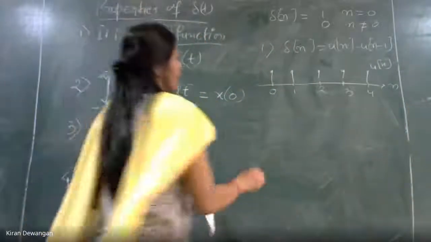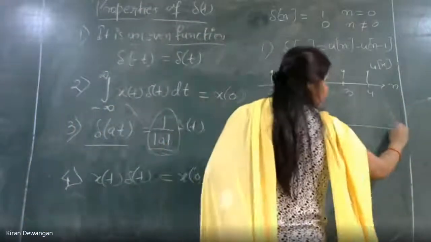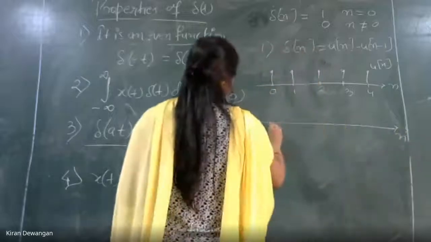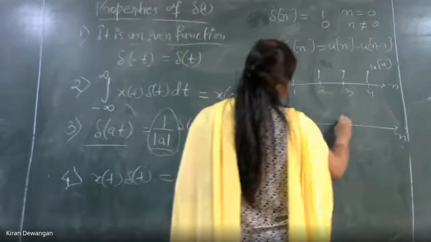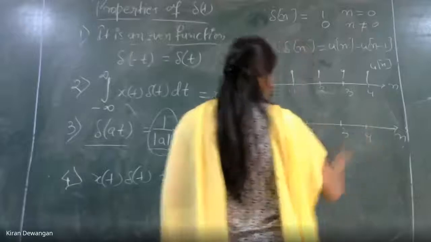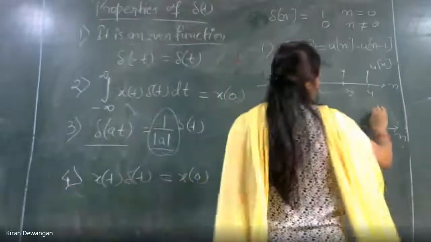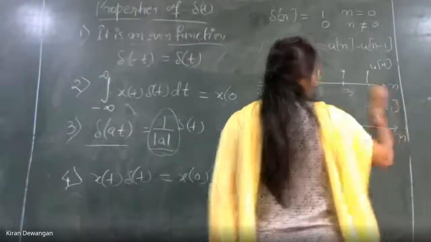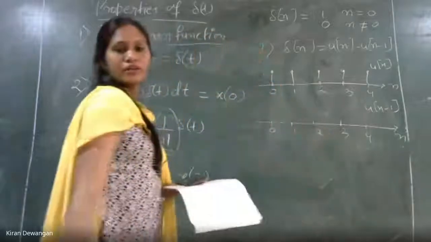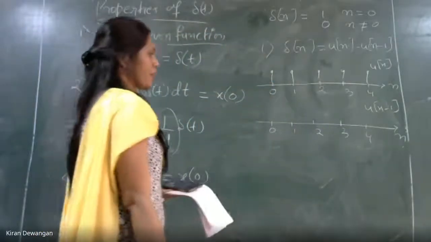Okay? Now if I have to plot 0, 1, 2, 3, 4 for u of n minus 1, what will the plot be?